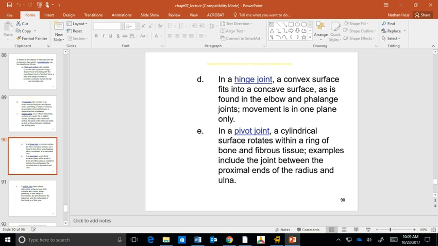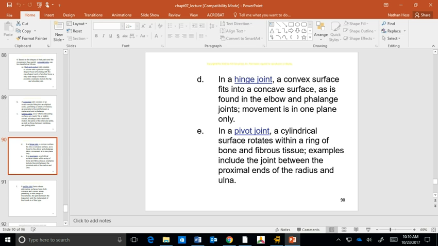And last but not least, this pivot joint. Oops, sorry, there's one more after that. The pivot joint, a ring of bone, a cylindrical surface within a ring. So that would be your radius, that nice circular radius that allows for movement like this, that pronation and supination of your wrist. And like I said, there's a great diagram on page 176.